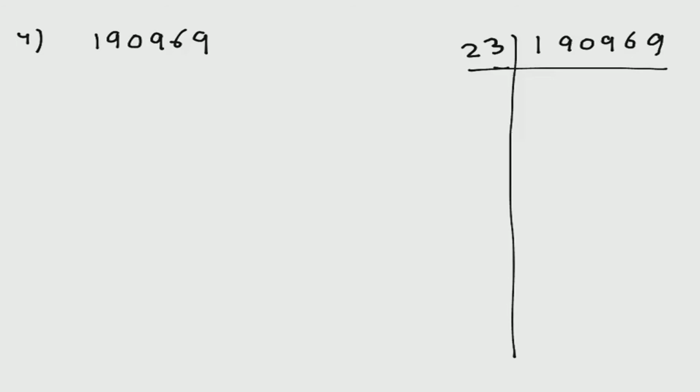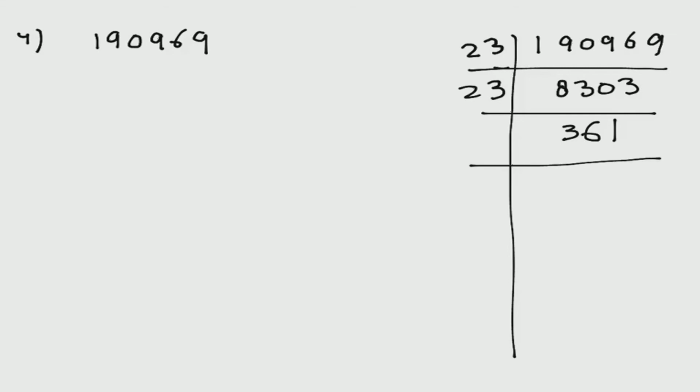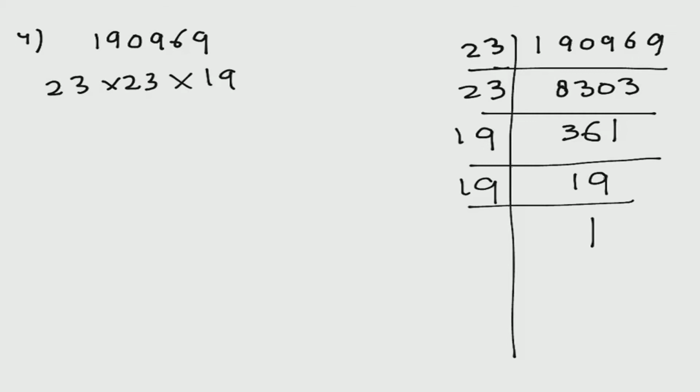If we divide this number by 23, it will give us 8303. Again, this number is divisible by 23, that will give us 361. And 361 is divisible by 19, that gives us 19, and 19 gives 1. So if we write down the prime factors, it will come as 23 and 19.